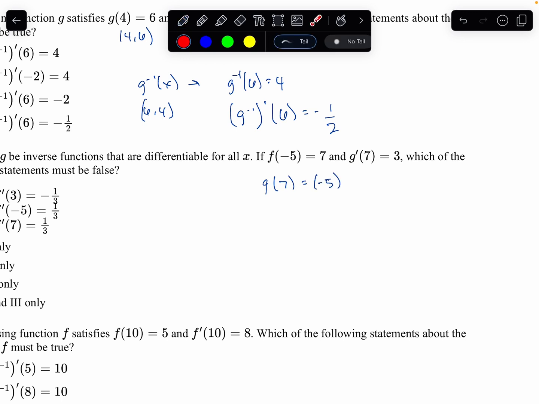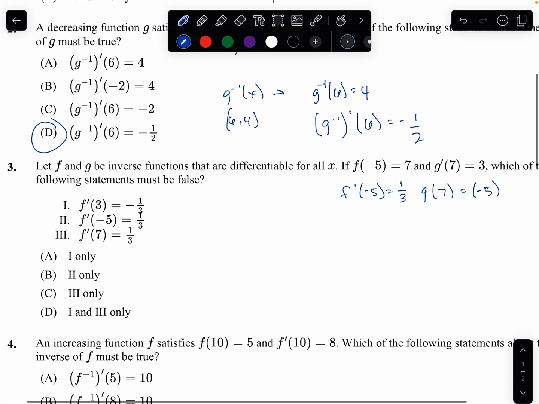And I know that the slope at this point right here is 3. Now, f prime of -5 is going to be... Excuse me, sorry guys. The slope of f is going to be the reciprocal of the slope of g at 7. So this is going to be 1/3. So I know that this has to be true.